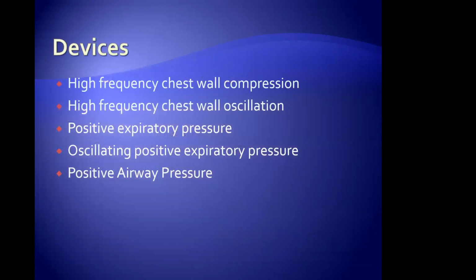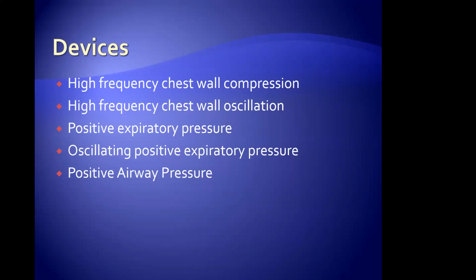All right, here it is, devices. High frequency chest wall compression, high frequency chest wall oscillation, positive expiratory pressure, oscillating positive expiratory pressure, positive airway pressure. All these devices, again, I've been a respiratory therapist 36 years. Some of the things that have happened here in the last 30 years are huge.